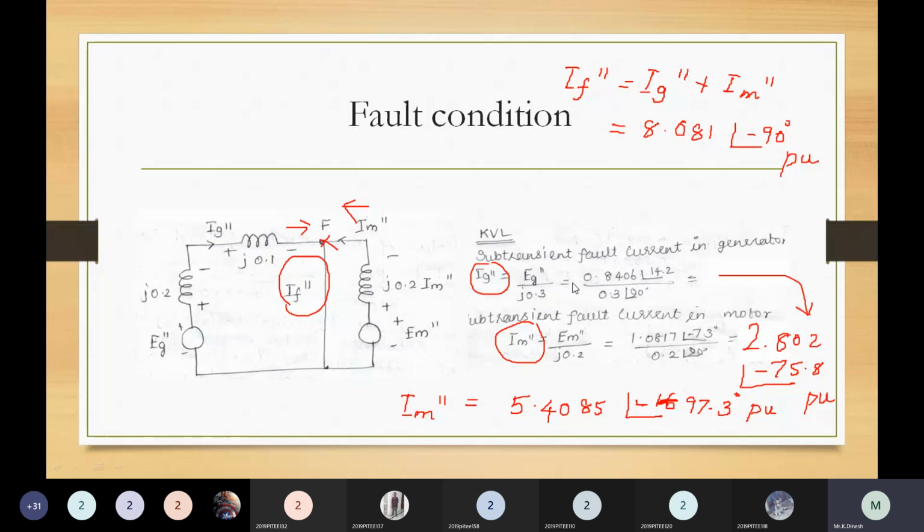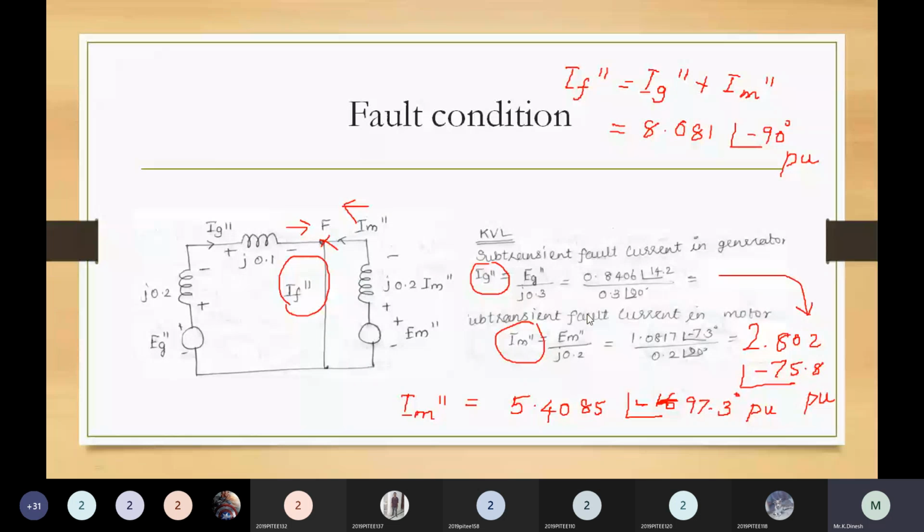So it is known to us, that is 0.8406 at an angle 14.2 divided by 0.3 at an angle 90. The answer for IG double dash is 2.802 at an angle minus 75.8 per unit. So that is the generator's subtransient fault current.